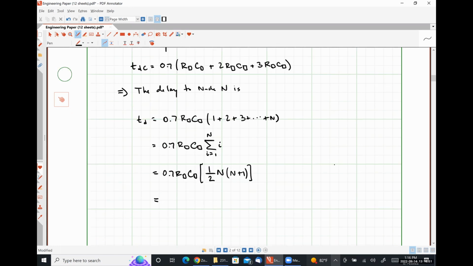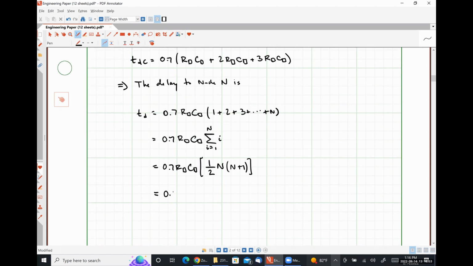Factoring out the 1/2, this looks like then 0.35 times R square C square N times N plus 1. And if N is very large, N times N plus 1 looks pretty close to N squared.